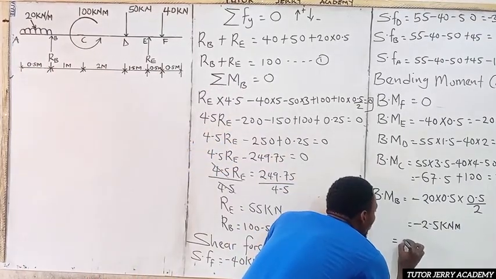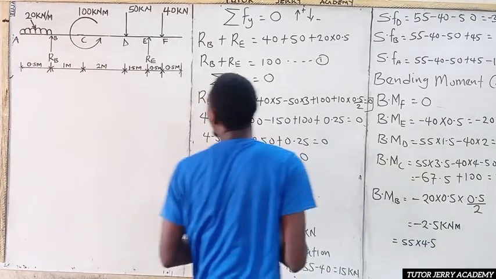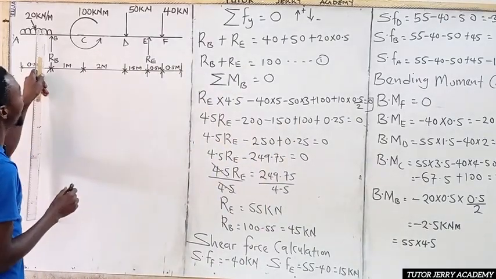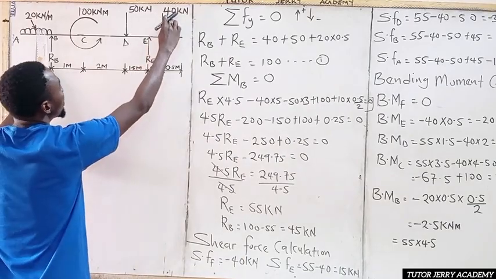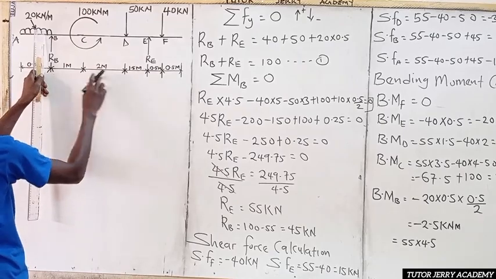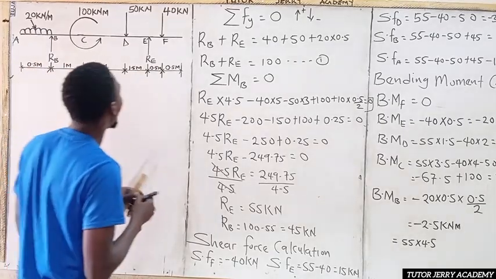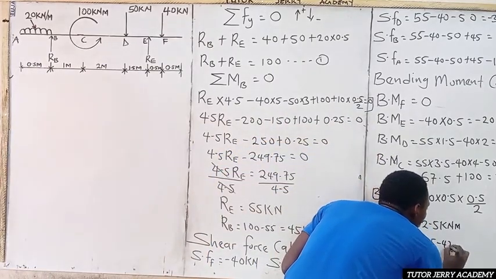So it's 55 multiplied by 4.5. Then here we are going to have minus 40 multiplied by the total distance, which is 5. That is minus 40 times 5.